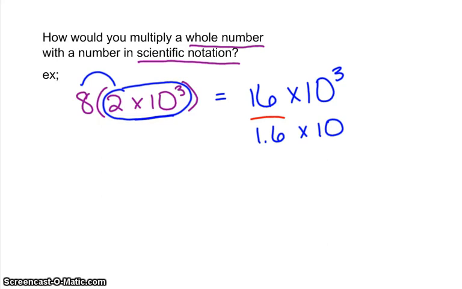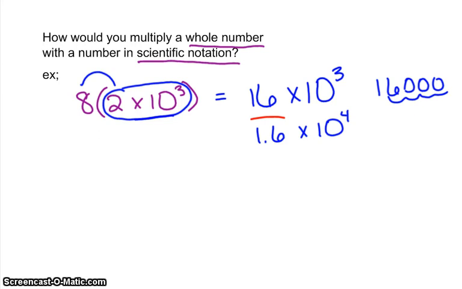Since that was 16 times 10 to the 3rd, this would turn into that. It's going to become 1.6 times 10 to the 4th. We moved it one place over, we changed the exponent by 1.